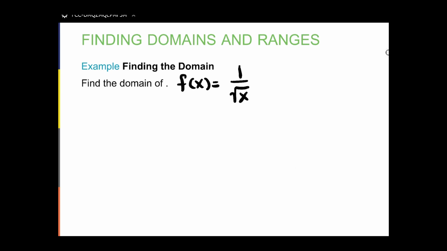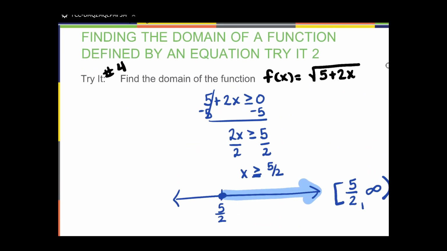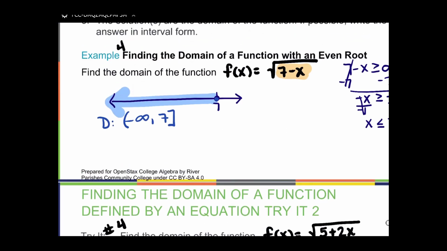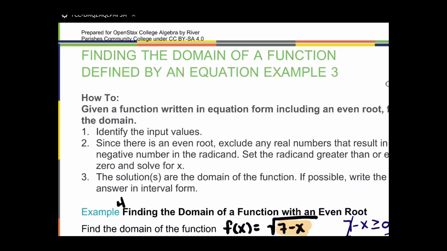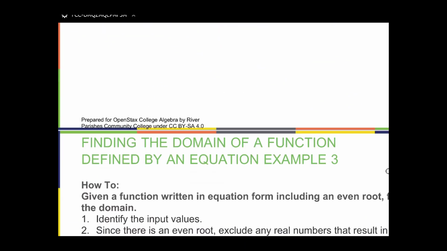We've learned so far that if we're doing a function that has an even root, the radicand has to be a positive number, or zero. So we have to set it greater than or equal to 0. And if we're doing a fraction, the denominator can't equal 0. So we've used those two facts to help us find the domain.